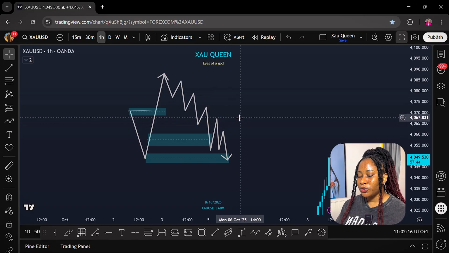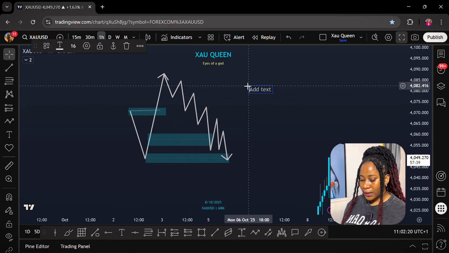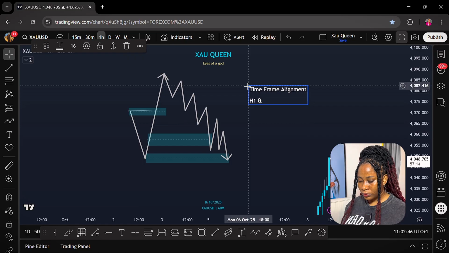Now, to use confirmation entries, for time frame alignment, so for H1 time frame, I use 5 minutes for H1 and H4.